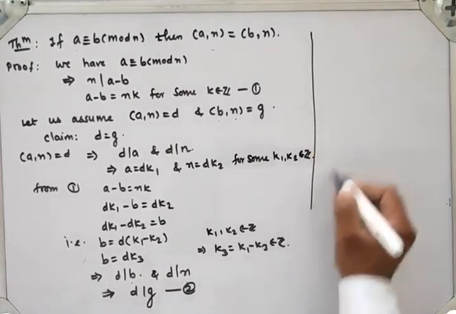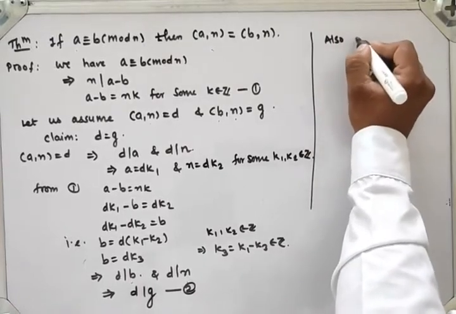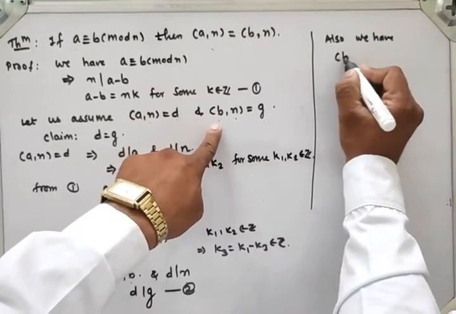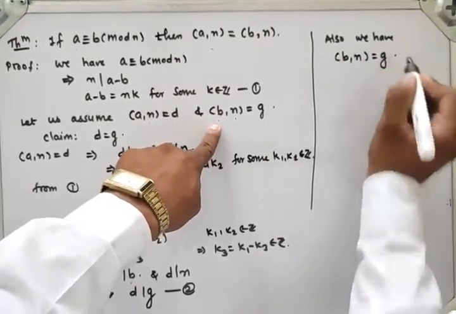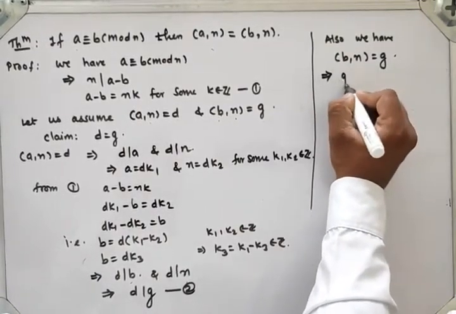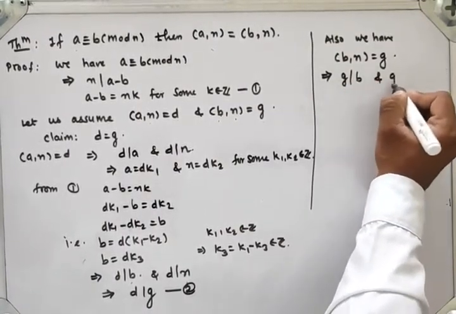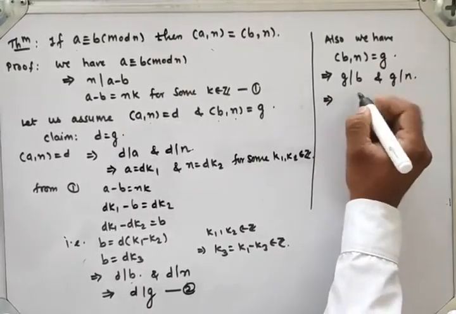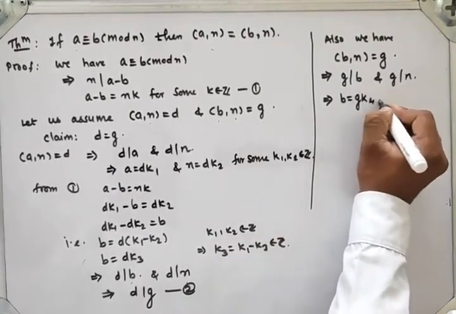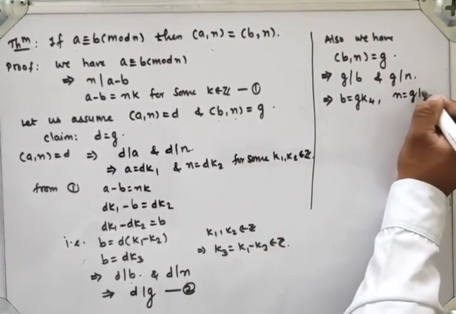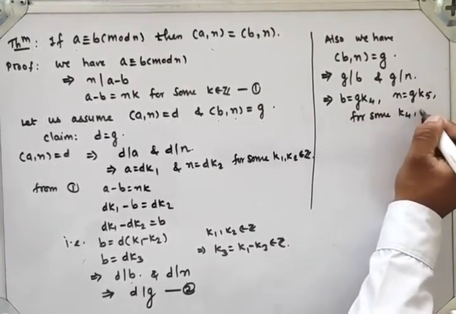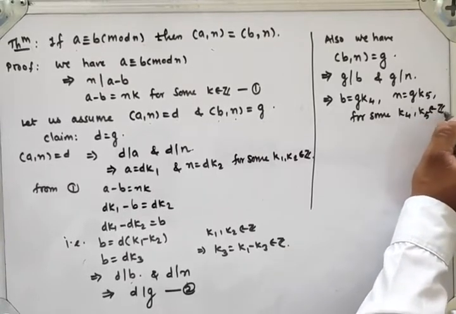Also, we have g as the GCD of b and n. Then by the definition of divisibility, g divides b and g divides n. Then again we get b is equal to g k4, and n is equal to g k5, for some k4, k5 belonging to the set of integers.